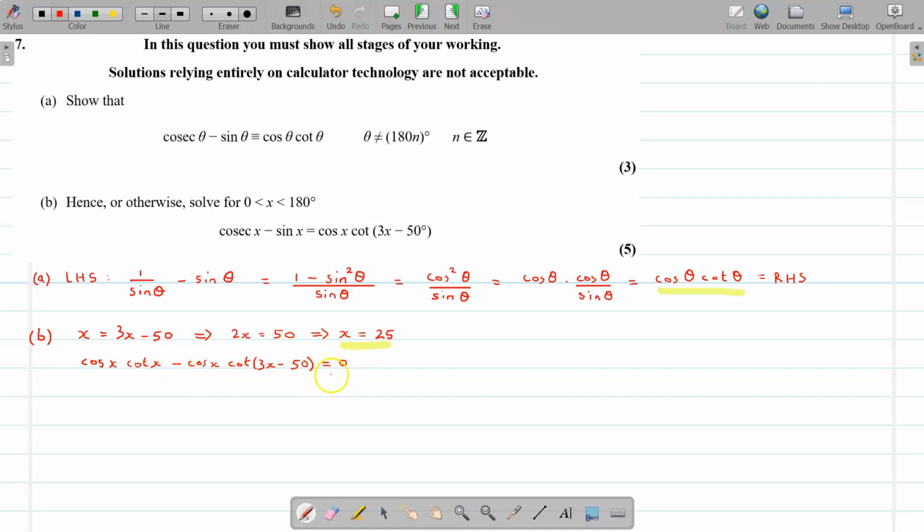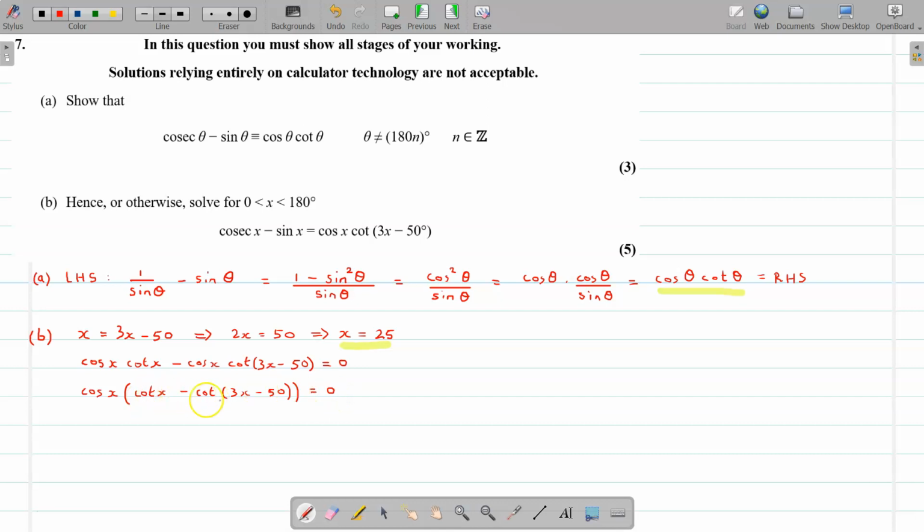Now, you might be thinking, well, why do that? Well, I can now factorize out the cos x, you see, and then put the cot x and the minus cot 3x minus 50 together like that. Okay, and now you can see that one solution is that cos x equals 0 as well.